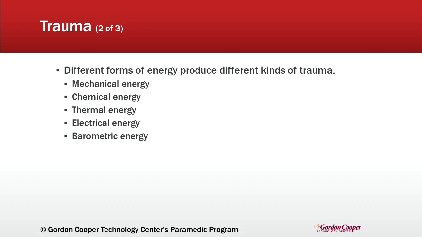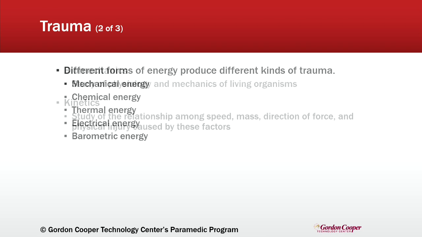Thermal energy results from contact with a heat source that is hotter than the body can withstand. Electrical energy causes injuries when electricity or lightning passes through the body. And of course, barometric energy comes from sudden and extreme changes in air pressure, either high or low. It all just depends.